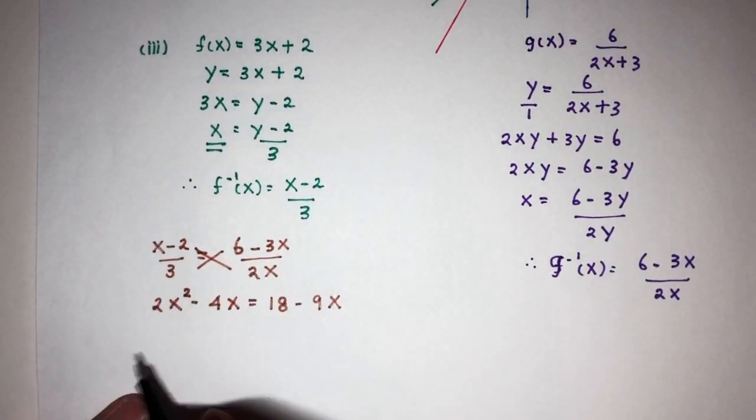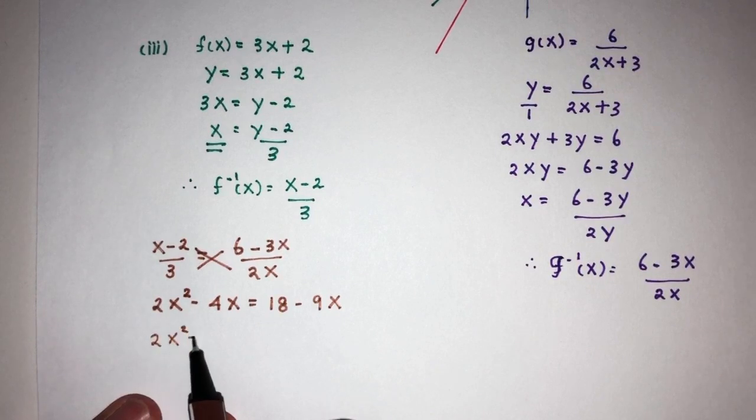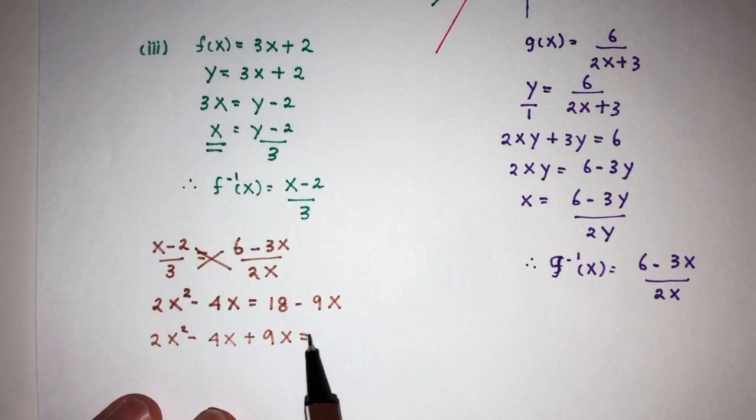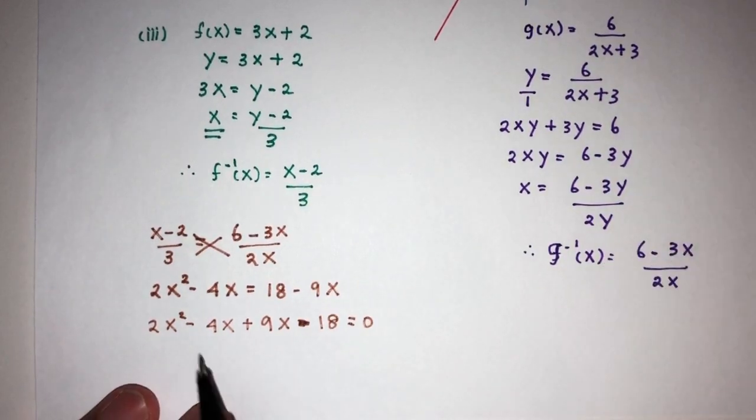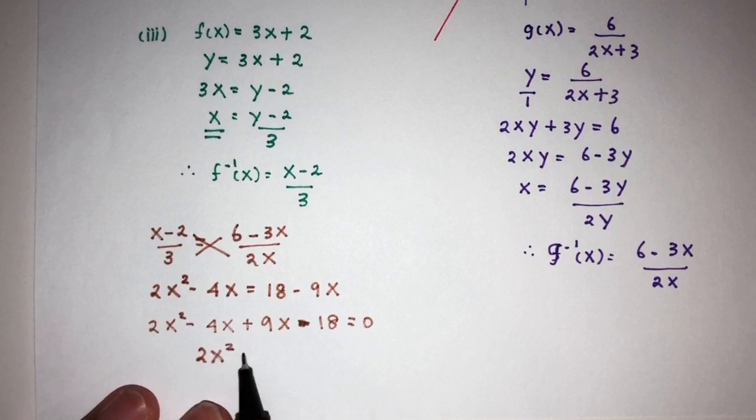Now we can send everything to one side. You will have 2x squared minus 4x plus 9x minus 18 equal to 0. So simplify, let's see what we have. You have 2x squared plus 5x minus 18 equals 0.